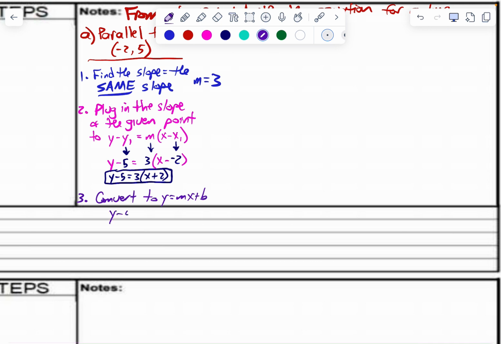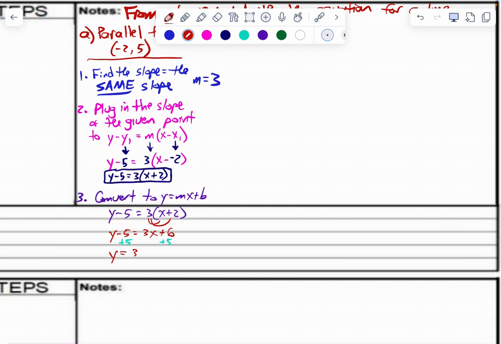So what does that look like here? Well, we're just going to go multiply by 3. And we'll get 3x plus 6. And then we add 5 to both sides. And we'll end up with 3x plus 11. Also a valid equation.